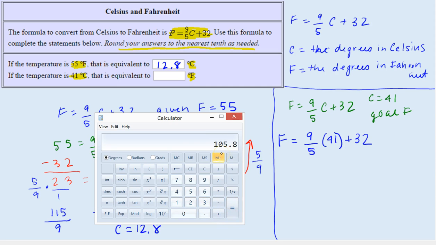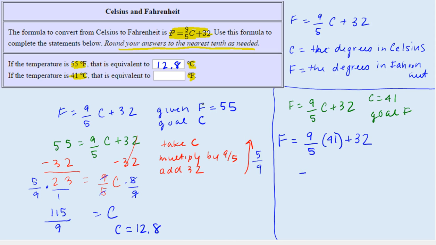And we get 105.8. So if the temperature is 41 degrees Celsius, that is equivalent to 105.8 degrees in Fahrenheit.